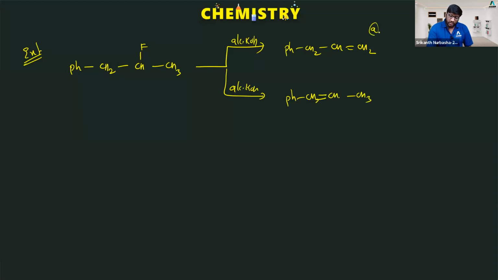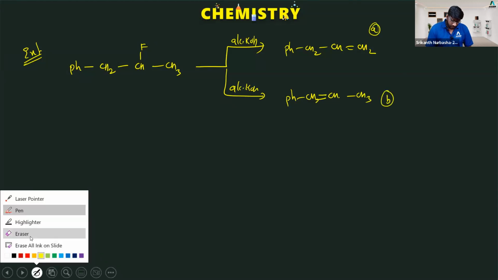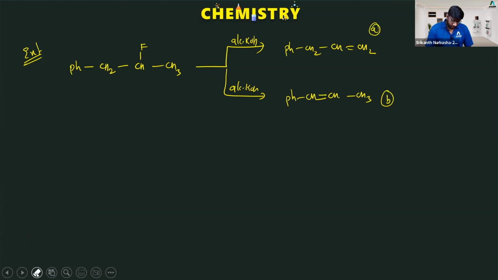This is compound A, this is compound B. Which is major and which is minor? Ph-CH2-CHF-CH3, if you try to proceed with the Hoffman's product, Saitzef product logic, which is to be major and which is minor?